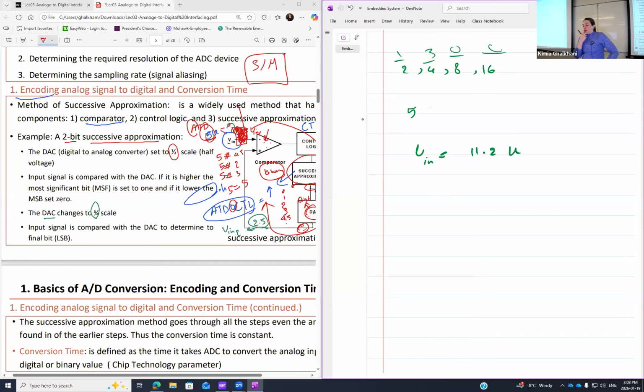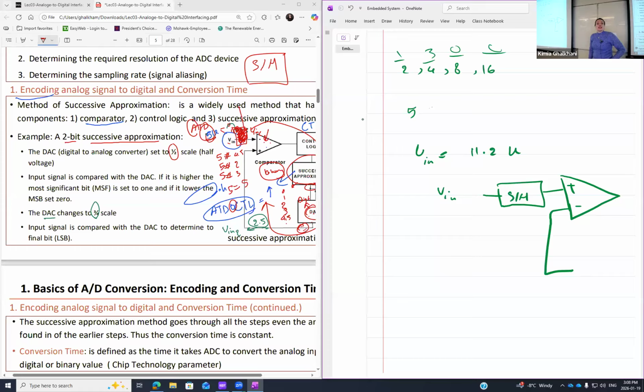I'm going to call this my input voltage. I'm going to go through a sample and hold, and I'm going to have a comparator. This is my comparator. One of its inputs is coming here. Remember, this comparator is supposed to be connected to what module?